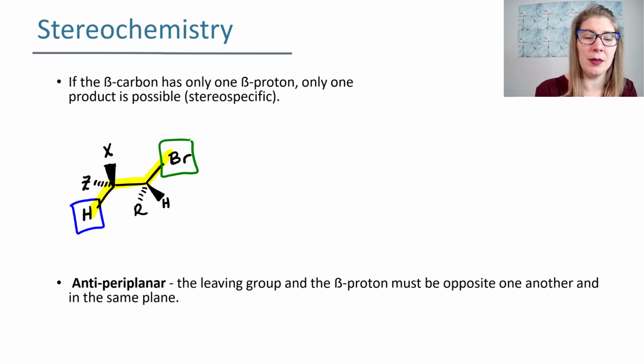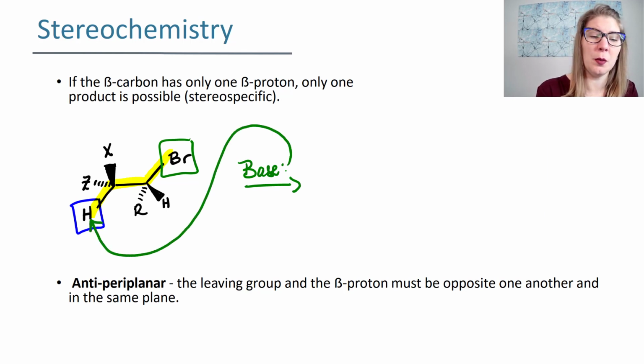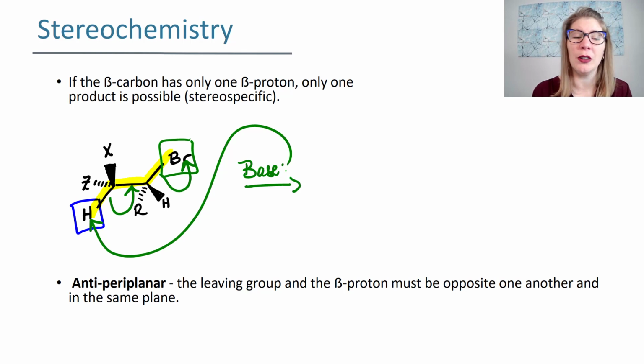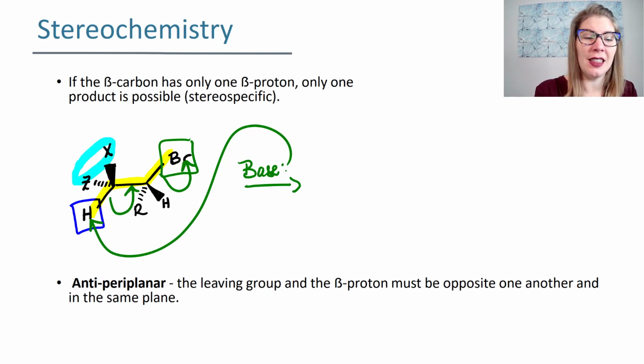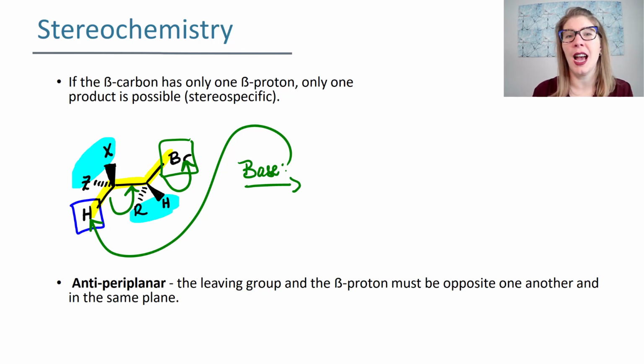When a base comes in, what the base is going to do is pull off this proton. These electrons are going to form a pi bond, and it's going to expel your leaving group. And the location that these groups are in decides whether or not you're going to get the E or Z product at the end.